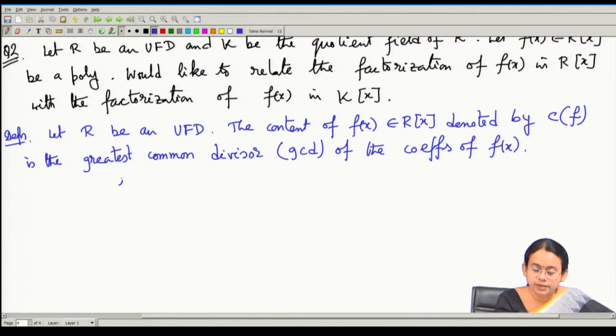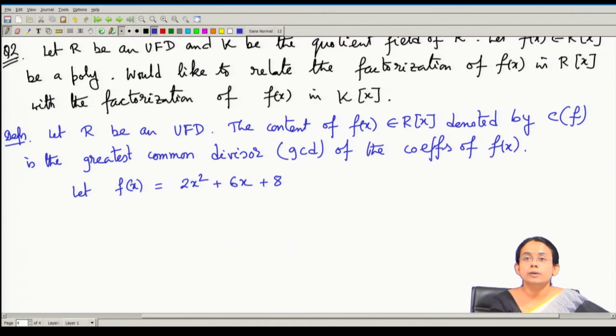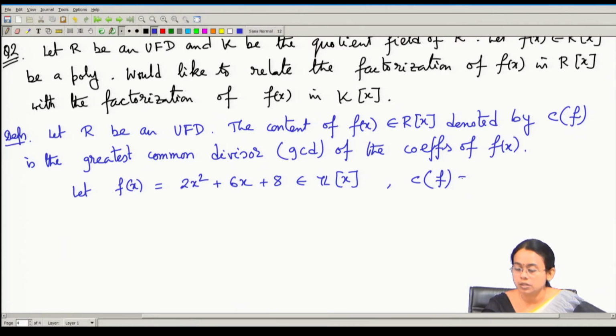Suppose, just for example, f(x) is 2x^2 + 6x + 8. This is a polynomial over Z[x], and you can see that the coefficients are 2, 6 and 8. So, what is the content here? The GCD of 2, 6 and 8, which is equal to 2.